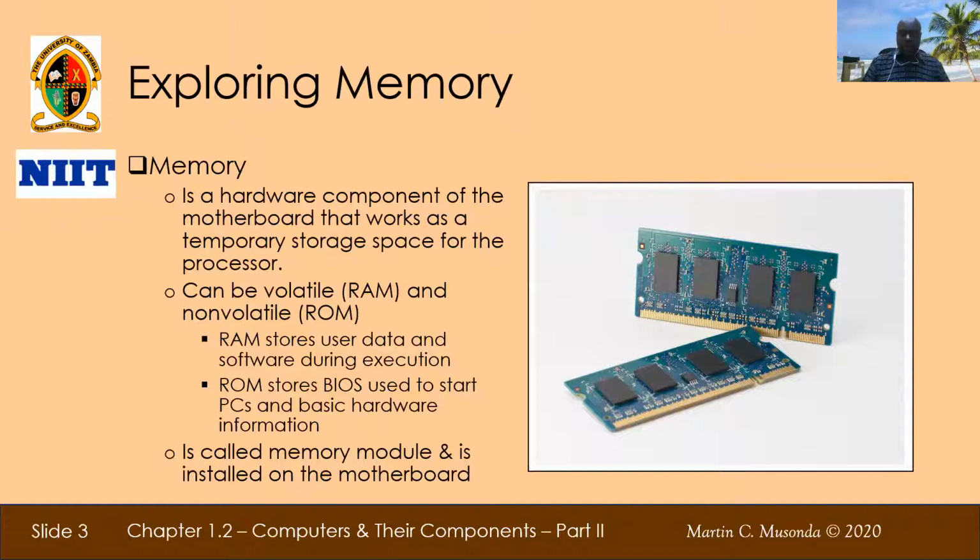And so when you switch on the PC and the settings are not what you expect, the most likely cause is the ROM is not working properly, and that is because maybe the CMOS battery is flat.